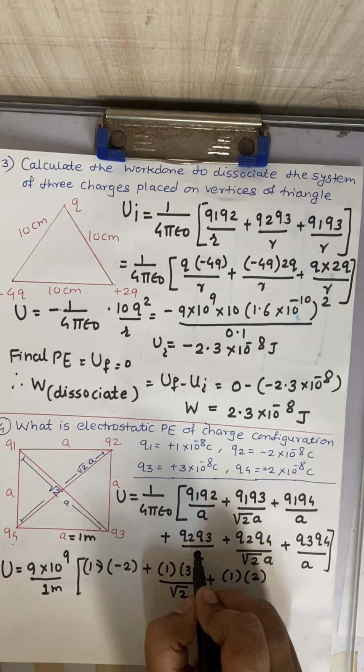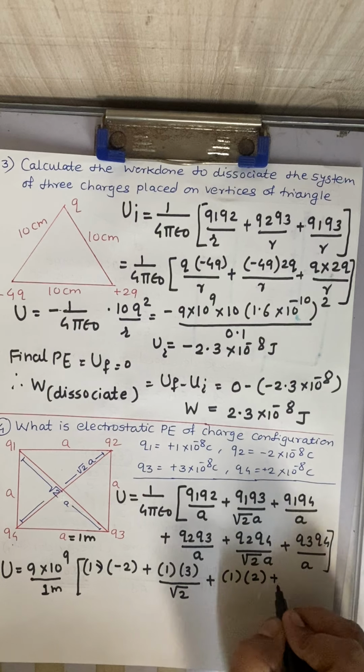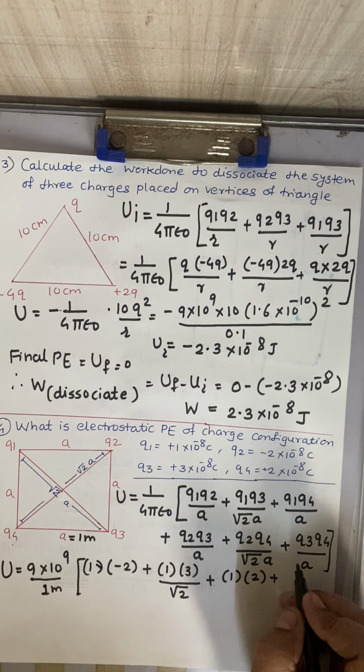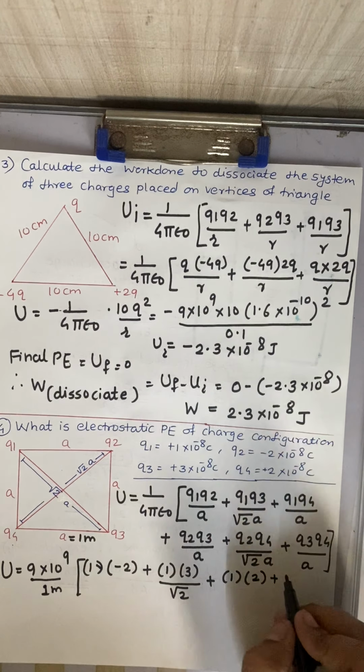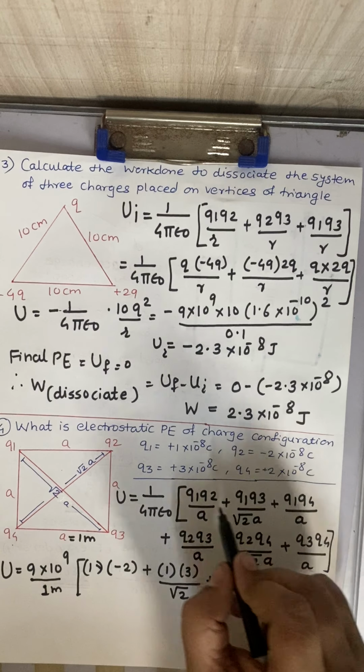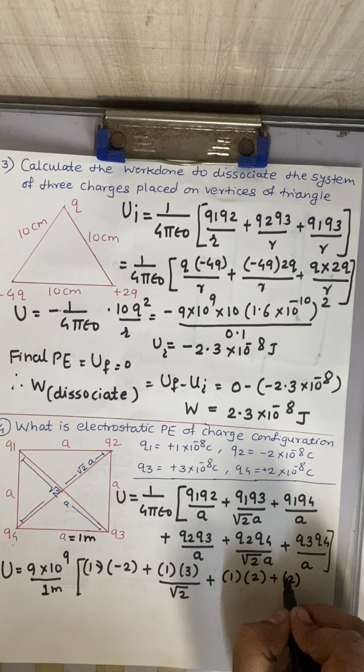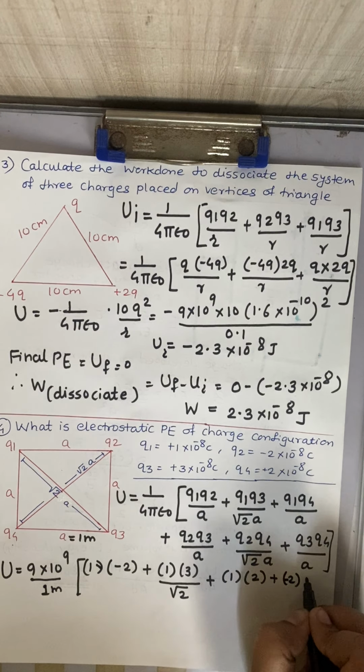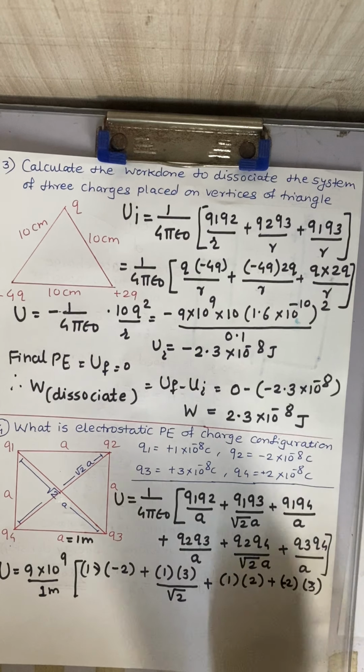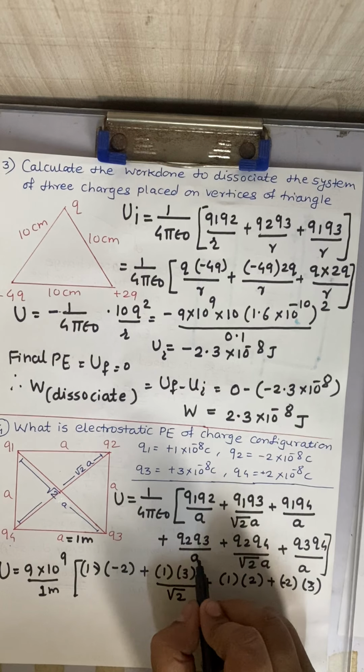Now I will start with the fourth term, q2 q3 by a. q2 is minus 2 and q3 is plus 3, and a already taken outside.